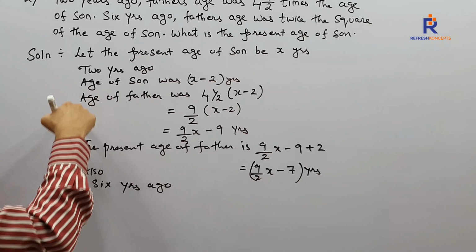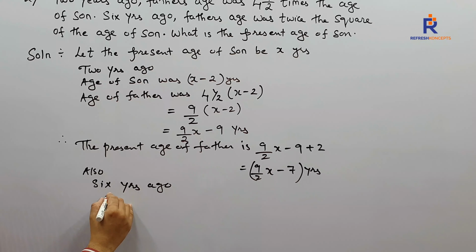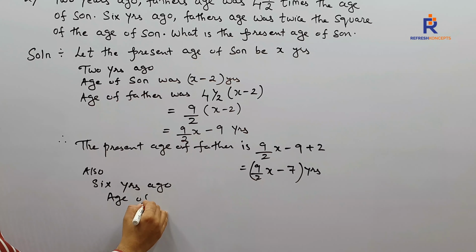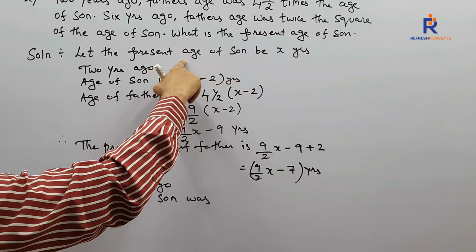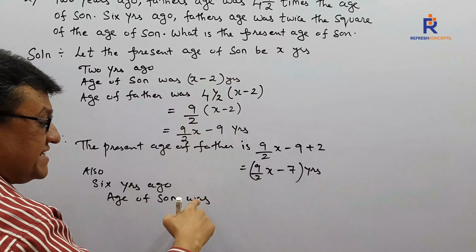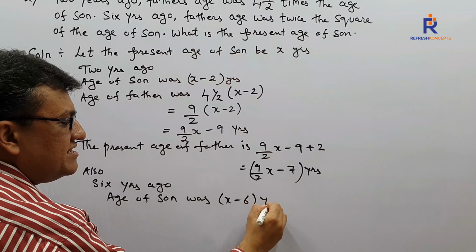On the same lines, we are not going to change our methodology. On the same lines, if the present age of son is x, 6 years ago he will be x minus 6 years.